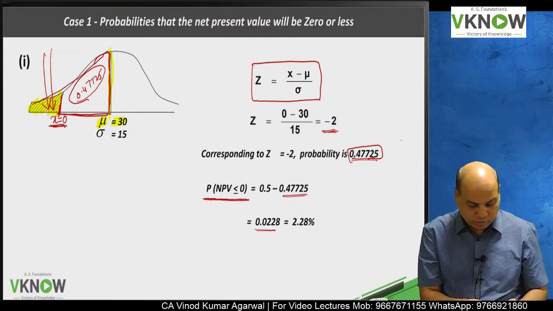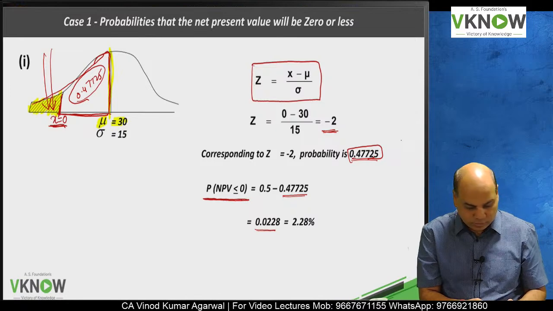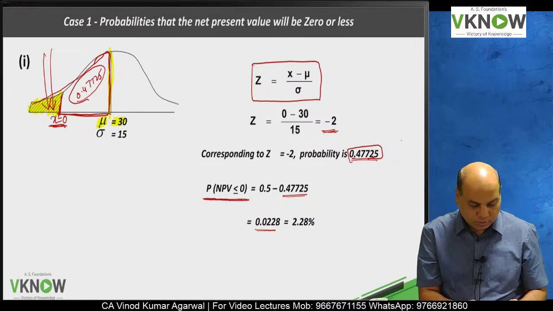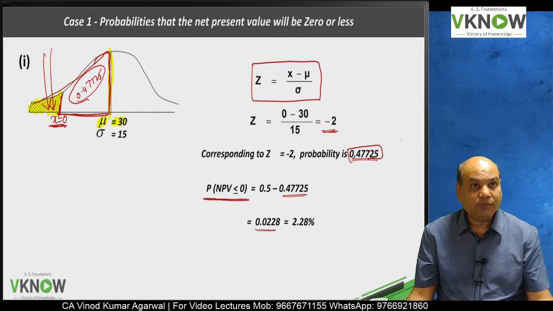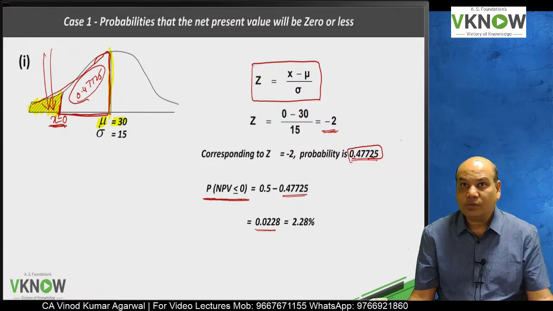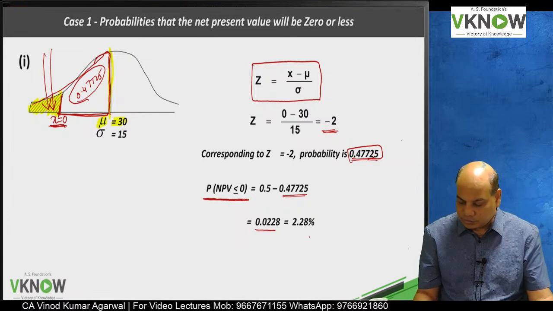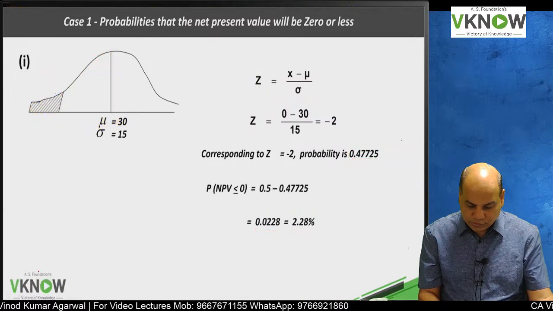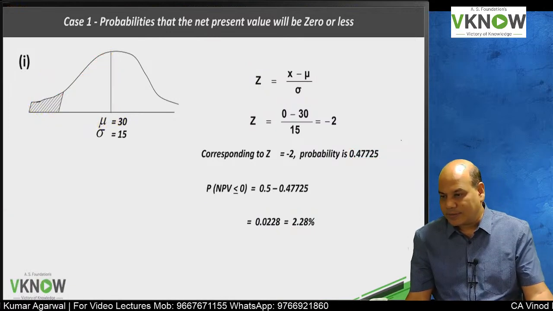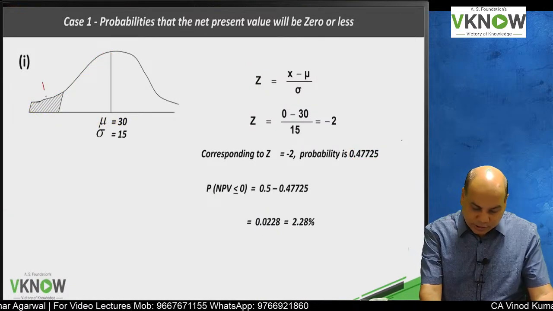Just check: 0.5 minus 0.47725 is 0.02275. So therefore approximately 2.28%.